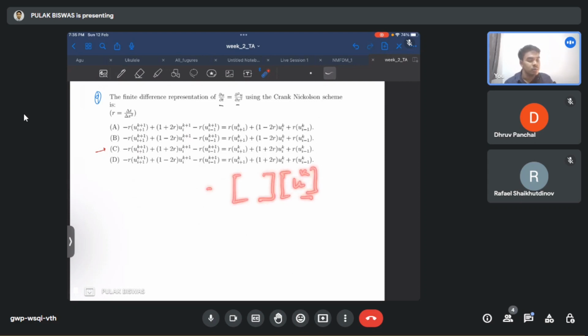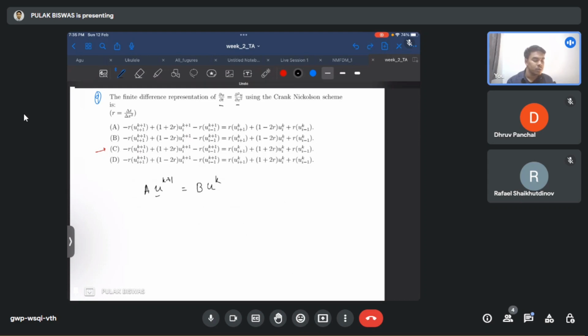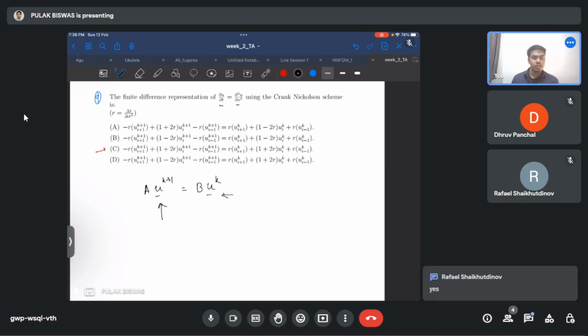Suppose a u k plus 1, and this one is b uk. So again you can solve this to calculate this vector from the given uk.